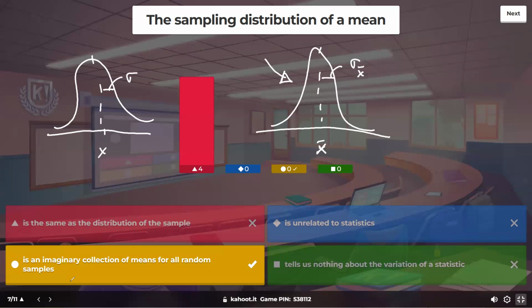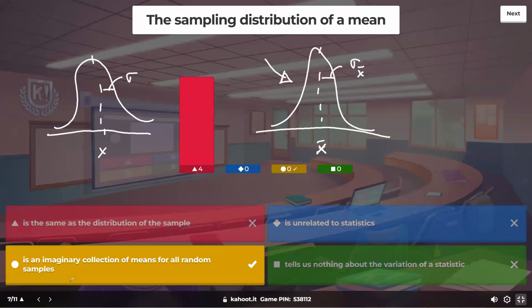So if I took a random sample of size 100 from this distribution on the left, and I recorded the average, another random sample, recorded the average, another random sample, recorded the average, and plotted that according to the right there. Tell me, would that be wider or skinnier?